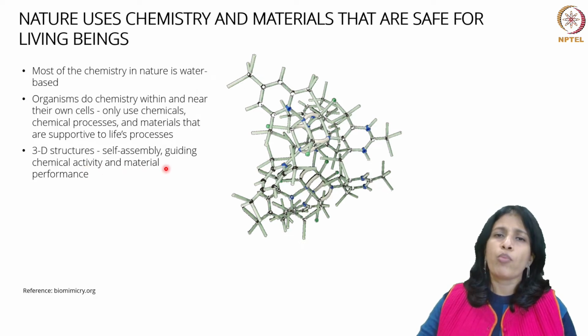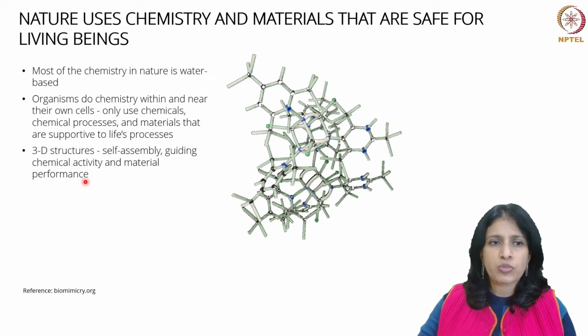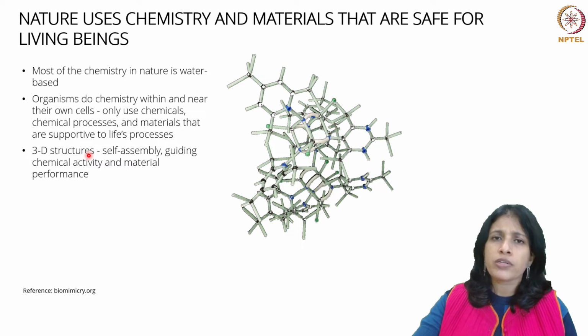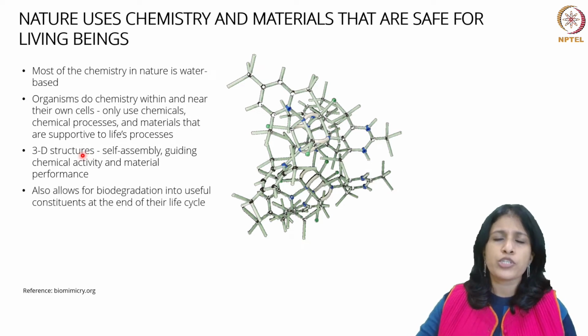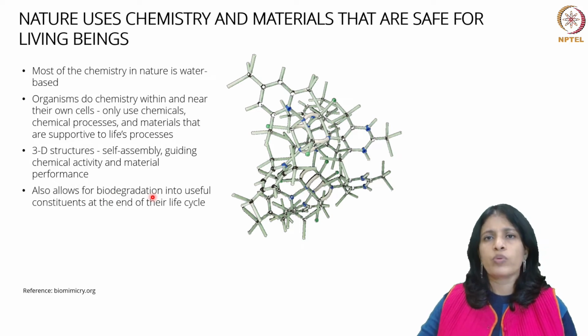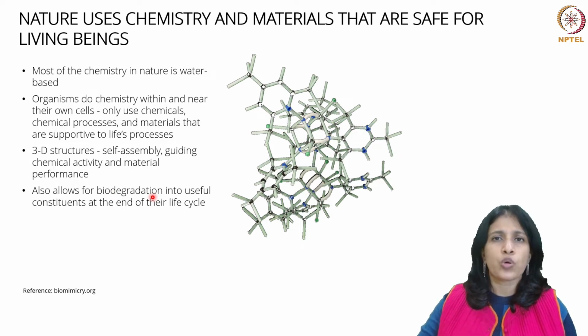Also, the performance of these materials is enhanced because of the specific 3D structures in nature. The best part is, because of these 3D structures, once these chemicals have accomplished what they need to do, they are degraded harmlessly without creating any toxic waste which is harmful to the organism, its cells, or other parts of the environment.